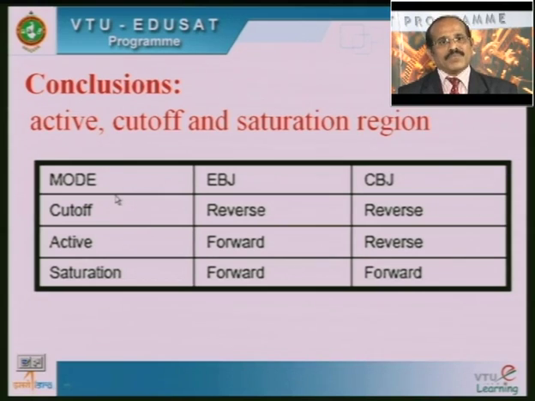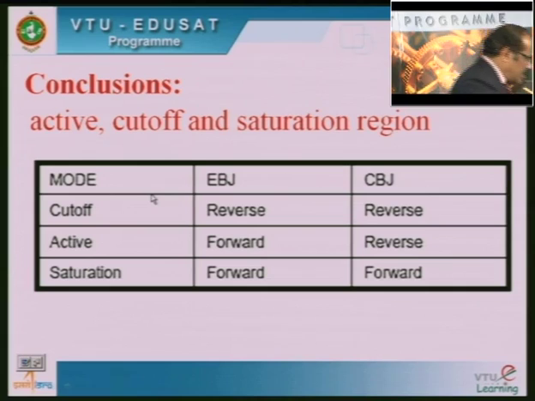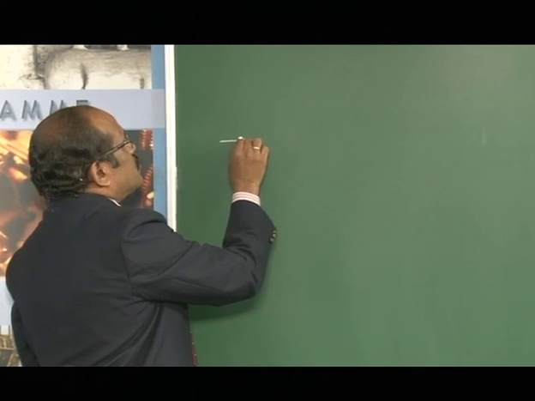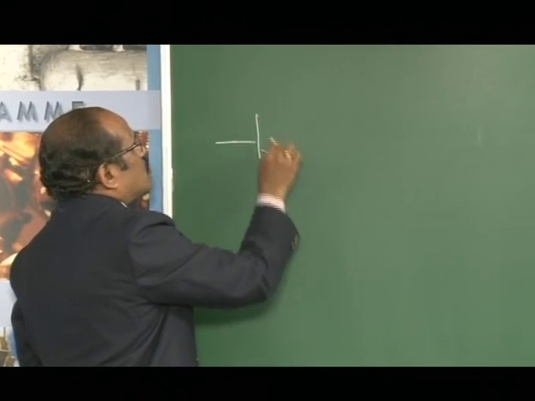As I told you earlier, if the transistor is operated in the active region, it is called an amplifier, and if the BJT is operated in either the cutoff or saturation region, it is called a switch. If you want to know the circuit, this is the logical switch.